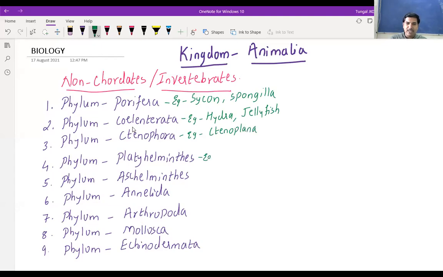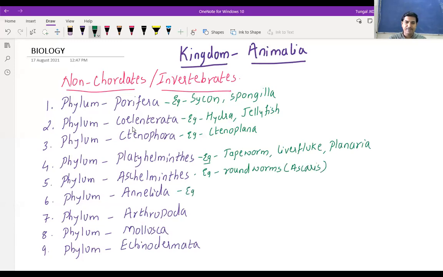Platyhelminthes, flatworms, examples: tapeworm, liver fluke, planaria. All these are examples. Ascalmenthes, roundworms, also called Ascaris.